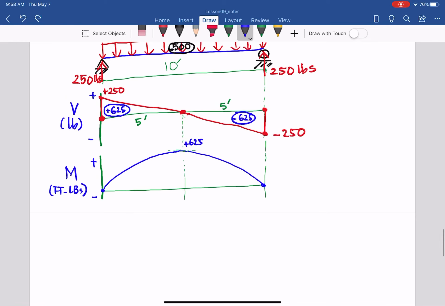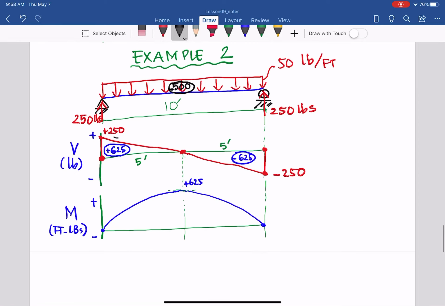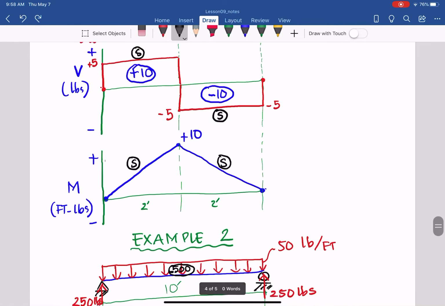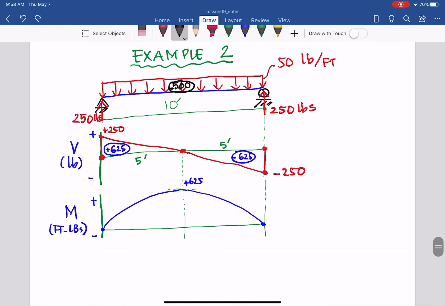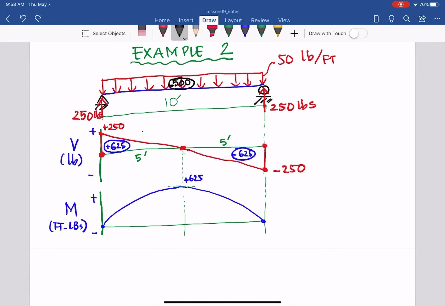So 625 foot-pounds, that is the maximum moment. And now, going back to what I was talking about: as you can see, the shear that I drew there looks like it's not straight, but it's actually a straight line. So you put the S so that you don't wonder whether you're drawing a curve or a straight line.